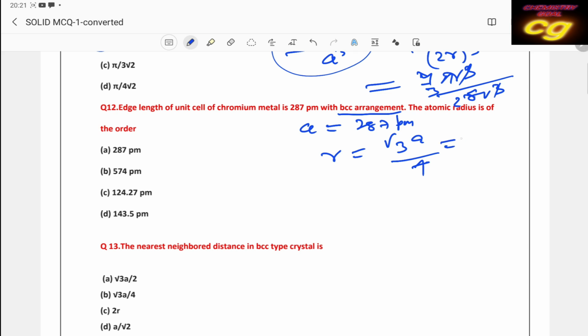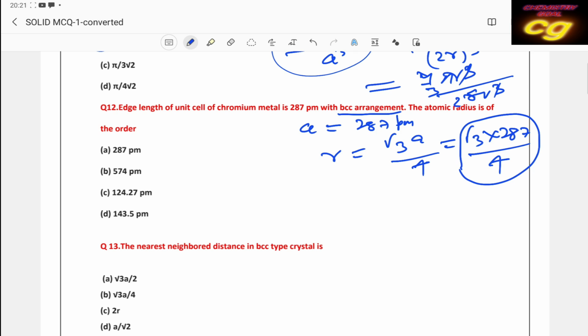So you put the value: root 3 into 287 upon 4. You find out the answer. I am giving you time, you try to solve it: value of root 3 into 287 by 4.